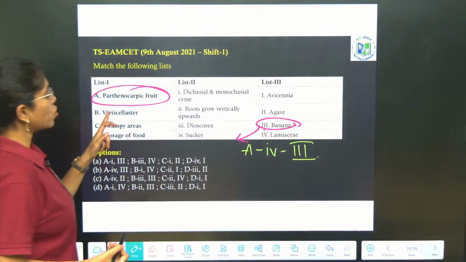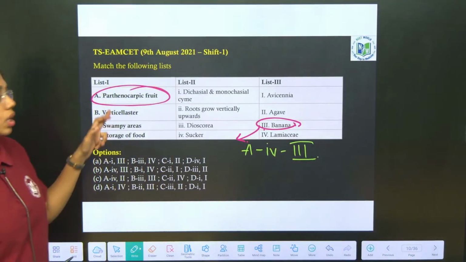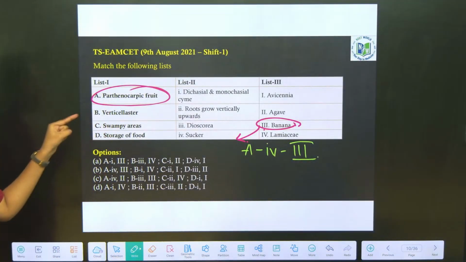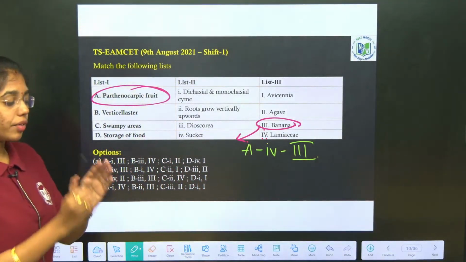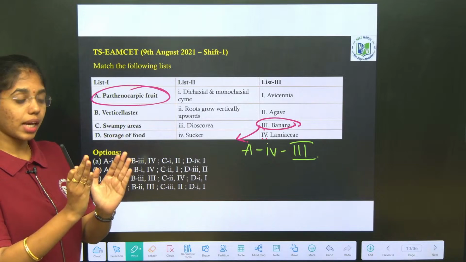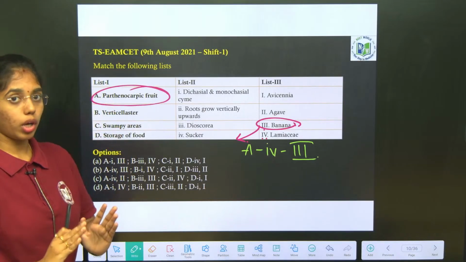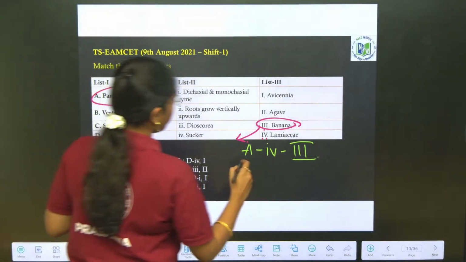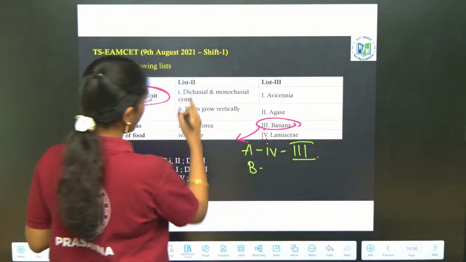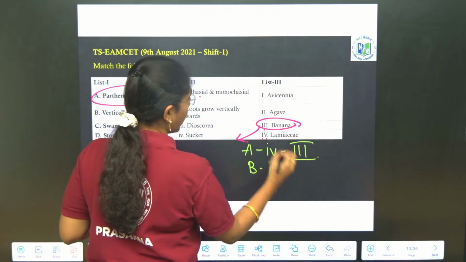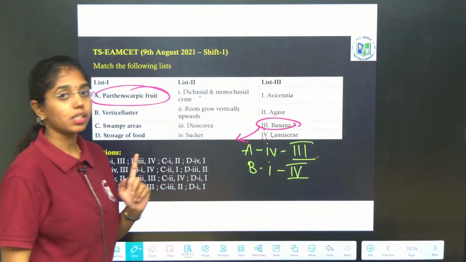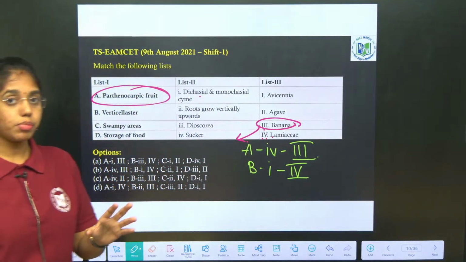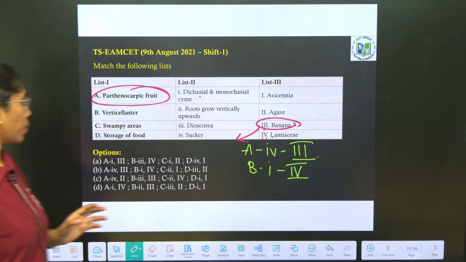Next, verticillaster, which is a special type of inflorescence. Verticillaster is observed in Lamiaceae family members, where it first starts as a dichasial cyme and then matures to a monochasial cyme. So, here B will be 1, and then from column 3 it is option 4, because verticillaster type of inflorescence is observed in Lamiaceae family members.